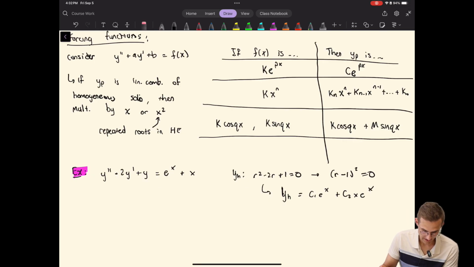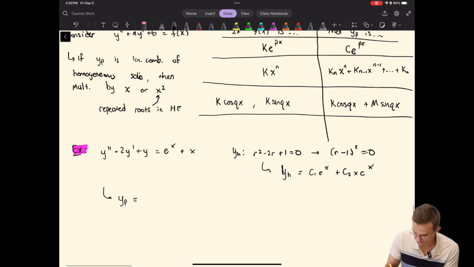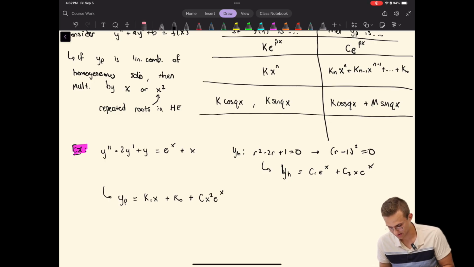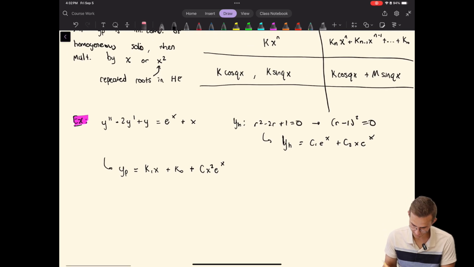Okay, and then our particular solution, yp, is going to have the component that's due to the polynomial presence, so that's going to be k1x plus k naught, plus c times x squared e to the x. So that's keeping in mind the rule I said here. We had repeated roots in the homogeneous equation, and the e to the x is not linearly independent of our particular solution. Okay, so we're going to go ahead and sub that in.